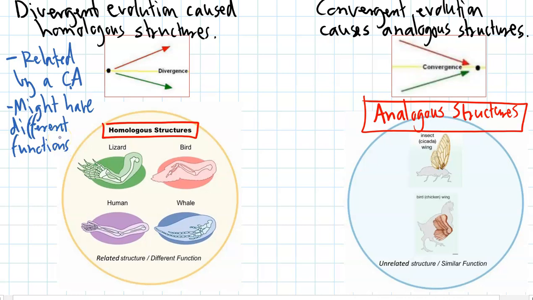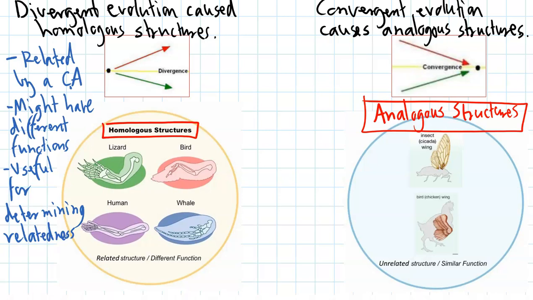So they're caused by divergent evolution, and they're really useful for determining relatedness. In other words, if we can figure out if two structures are homologous, then that tells us these two species must have come from a common ancestor.